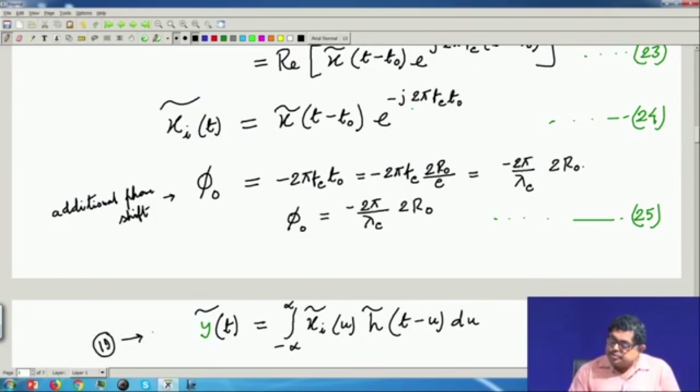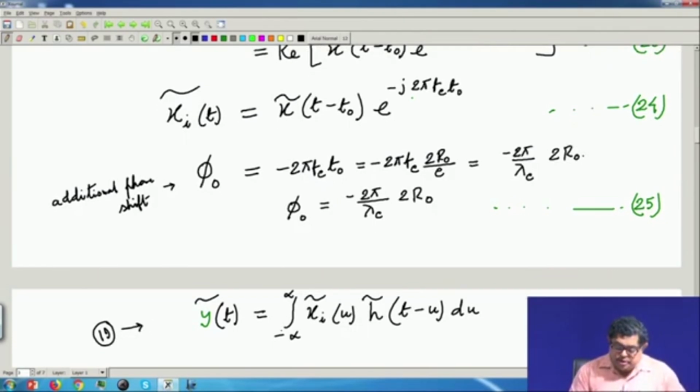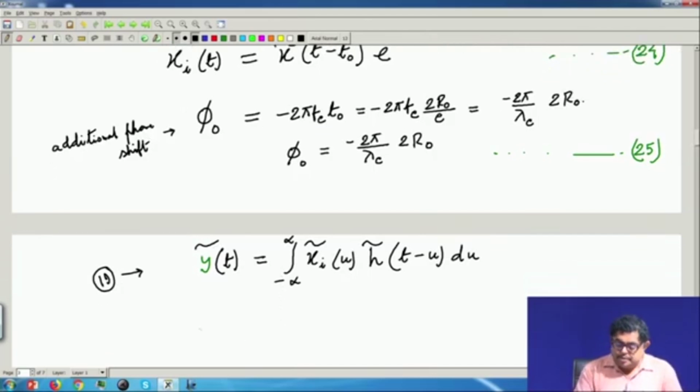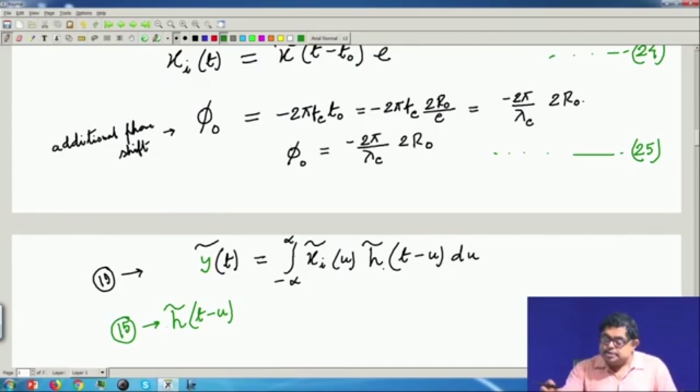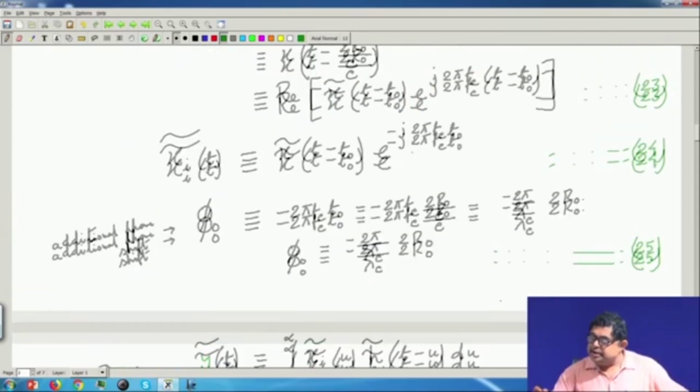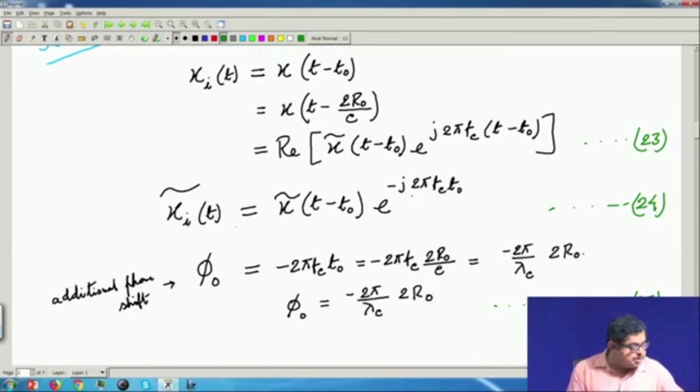Now here we have the definition of the match filter in terms of the signal, given by equation 15. So, from equation 15 we will get the value of h of t minus u, and from equation 24 we get x I, its complex envelope value.